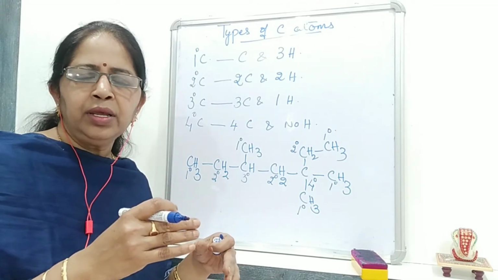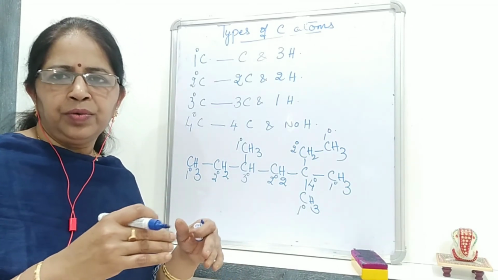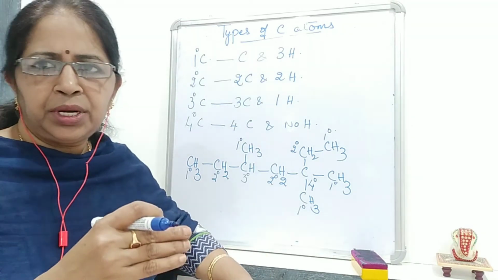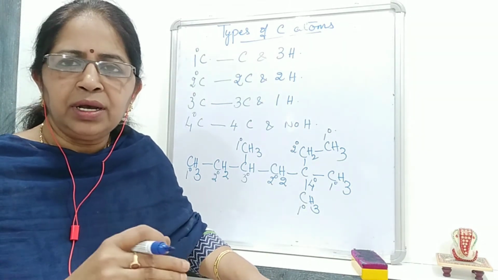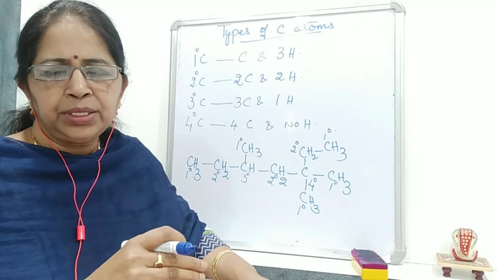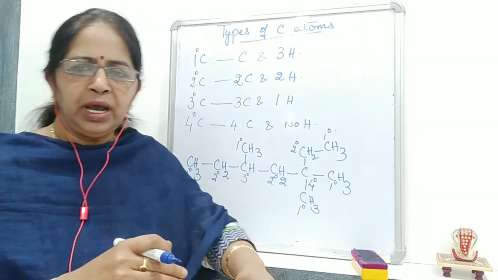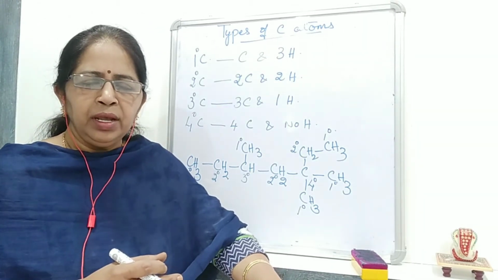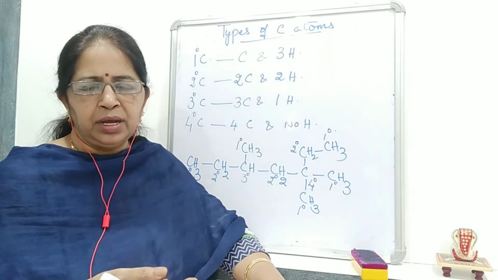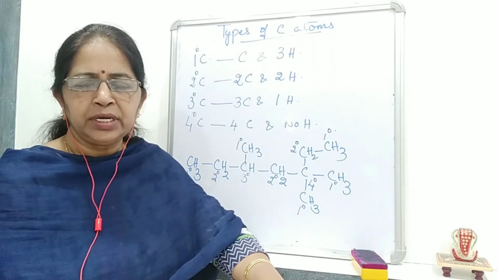It is very essential to know what these primary, secondary, tertiary and quaternary carbon atoms are, because in the NEET and JEE Mains examinations they will ask you questions like a substituent is present at the primary carbon or a functional group is present at the secondary carbon.